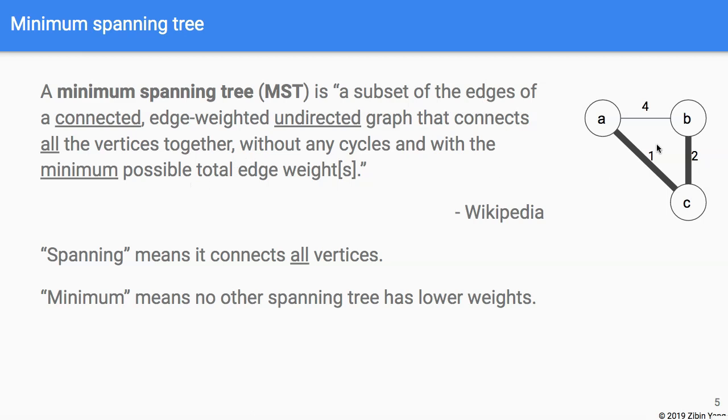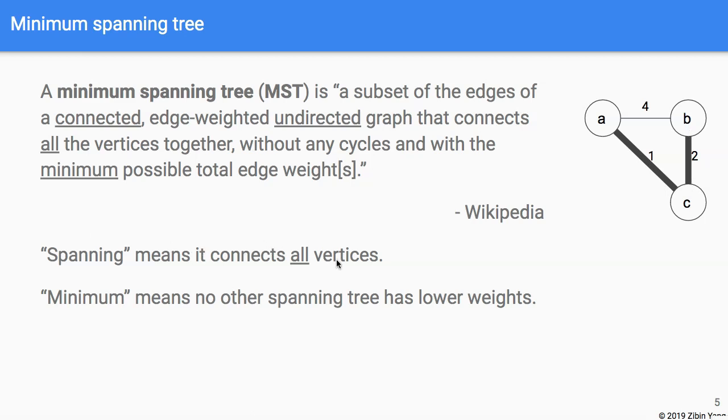Okay, so for example, in this very simple graph that has 3 vertices and 3 edges, the subset of edges that forms the MST are these 2 edges. The first thing is that these 2 edges span all 3 vertices. So that's what spanning means, right?